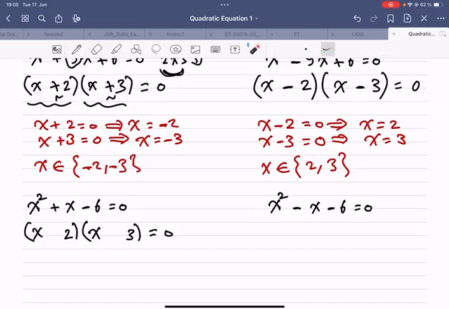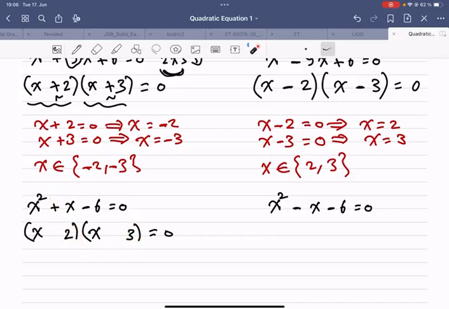Now if you think a little, this is negative 6. Negative 6 means that you have a positive multiplied by a negative. So one of those numbers will be positive and one will be negative. And here, plus x, means that when you add those two numbers which have different signs, the result is positive.